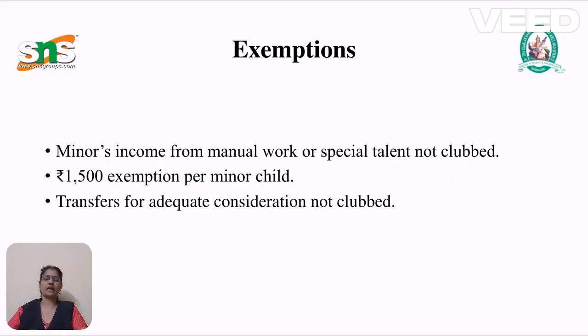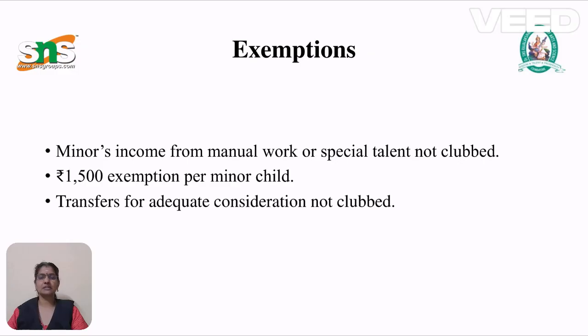Next, we have the exemptions. What are the exemptions when we calculate the clubbing of income? First, income of a minor child from manual work or any special talent or skill is not clubbed.